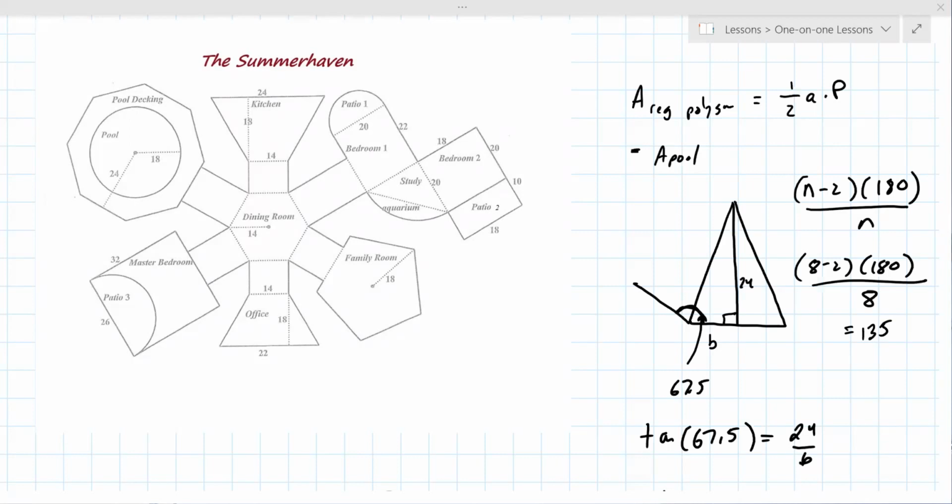Maybe that's needed. And then the master bedroom, this is where we're just grabbing some formulas. The master bedroom is the area of the rectangle minus the area of the semicircle.